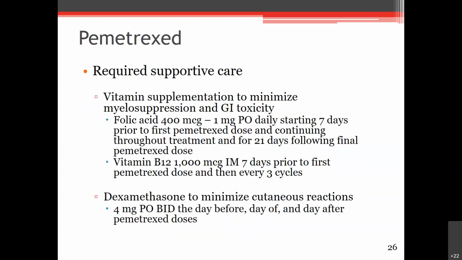It's also recommended that they get vitamin B12 injections, again, about a week prior to starting pemetrexed, and then they'll get that roughly every 3 cycles. And the last med here is dexamethasone, which we give to minimize cutaneous reactions. So patients are going to take that the day before, day of, and day after their pemetrexed.